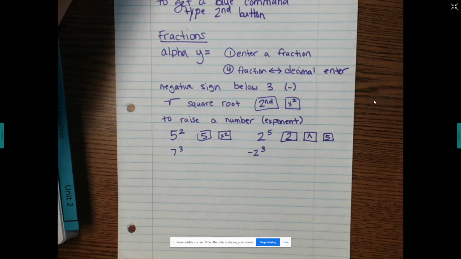See what you get. Be careful, that second one is a negative, so remember how to do that to a negative power.